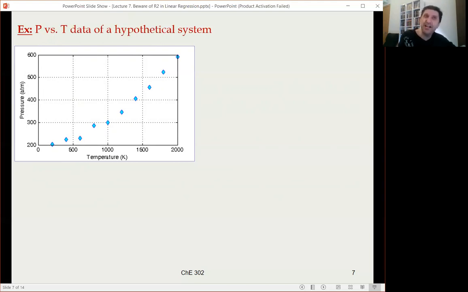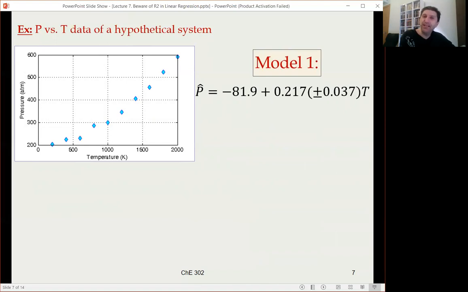Anyway, we start with a first order model because we start with the simplest model at hand. Model 1 gives you this result. This minus 81.9 is the intercept, and 217 is the slope, so it's 217 times temperature. The plus or minus quantity I wrote in parentheses corresponds to the 95% confidence interval.